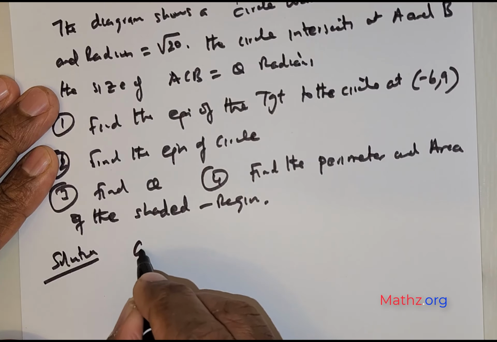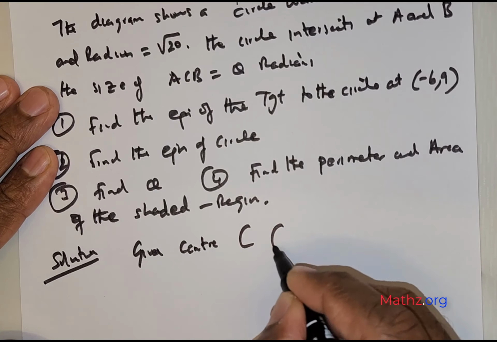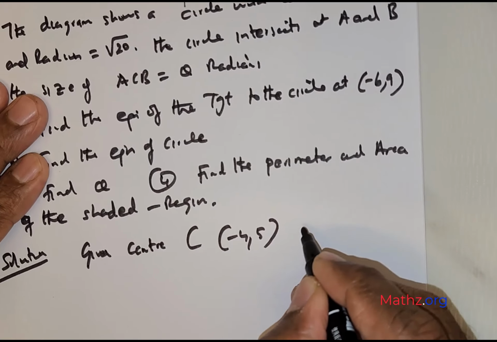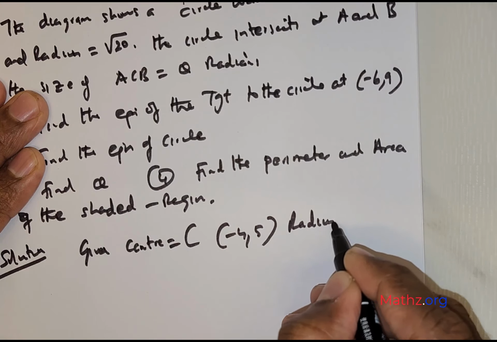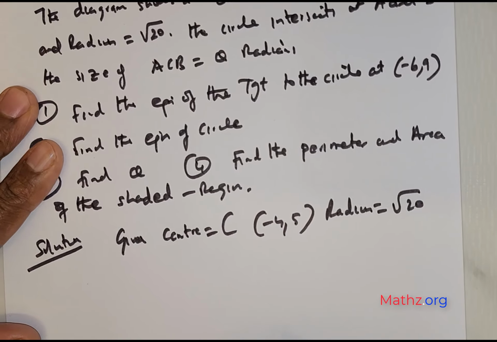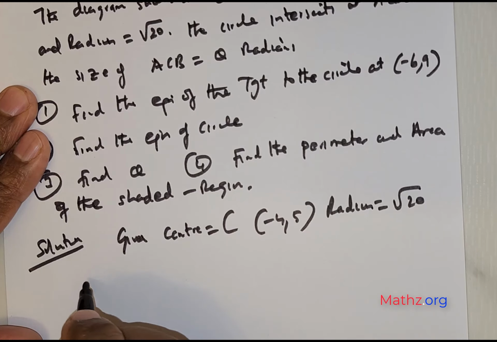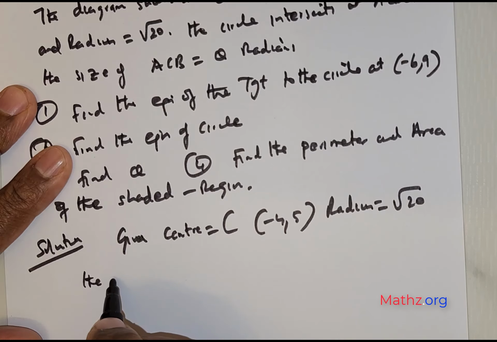Solution: given center is C (-4, 5) and radius is √20. Now we are asked to get the equation of the tangent at the point (-6, 9), right?